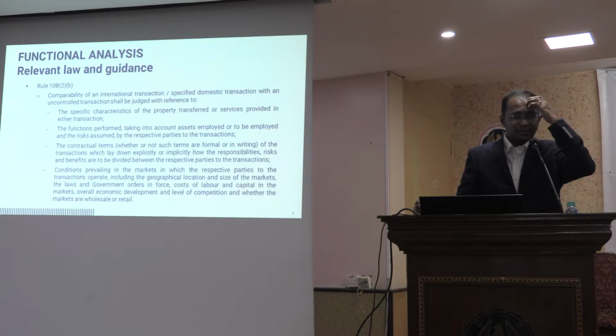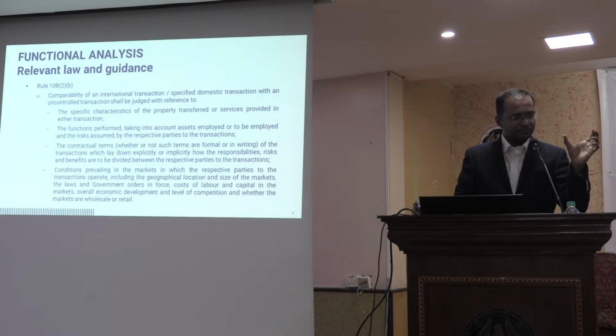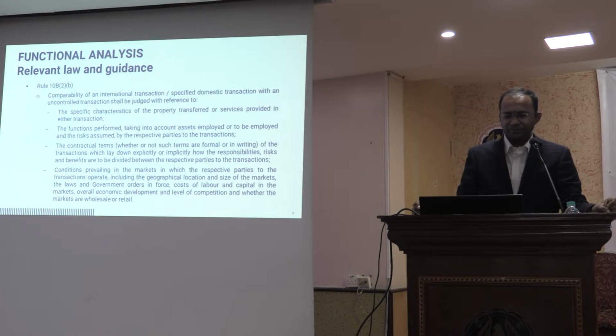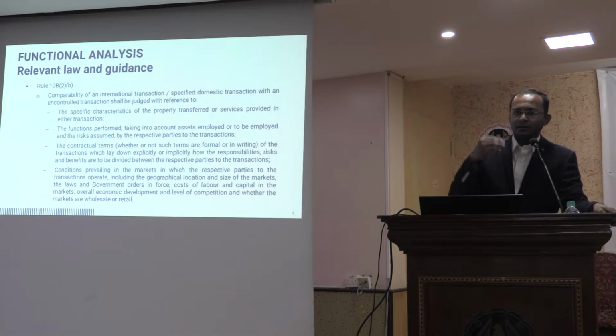So in the example which we took, the Indian subsidiary is providing software development services to its group company. What are the specific characteristics of the property or services? So we need to understand in that software development transaction, what are the specific characteristics of that transaction? What does that mean? That means we need to understand what is that software development services transaction itself.